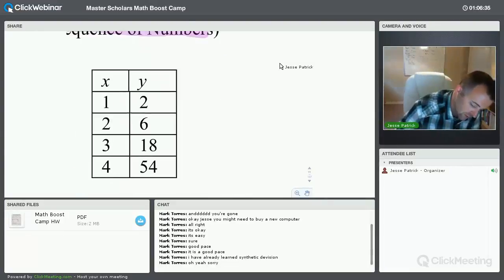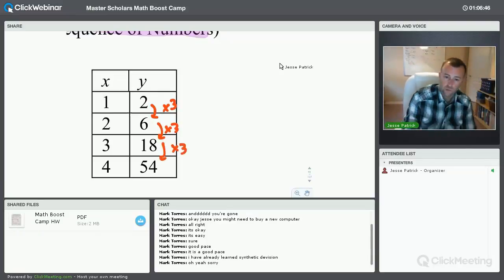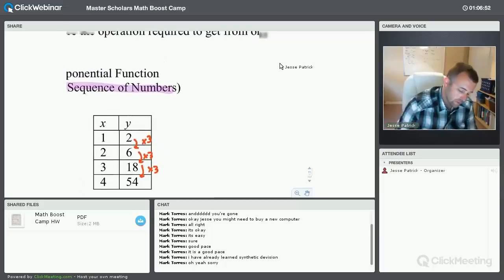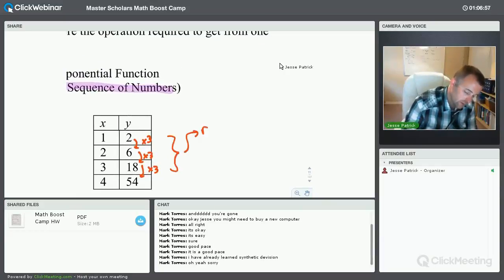So like here, the only difference with a geometric sequence is that you're multiplying. Instead of adding 3, you multiply by 3 every time, which means this thing's going to explode. If you multiply by 3, it's going to grow a lot faster than something that's just adding 3 every time. So this would be called, in this case, a rate, just a general rate.